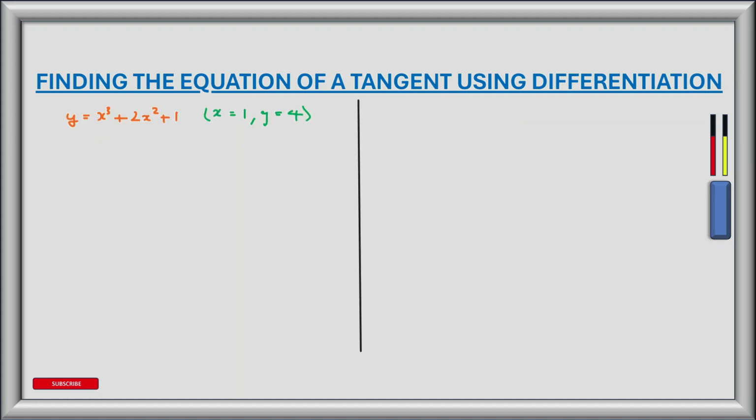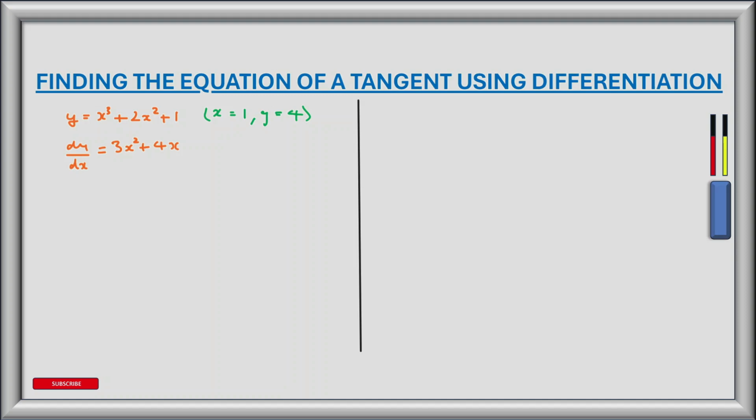Let's find the equation of the tangent to the curve of y is equal to x cubed plus 2x squared plus 1 at coordinates x equals 1 and y is equal to 4. Firstly, let's find the gradient or slope of the line by differentiating the function with respect to x. So dy by dx is equal to, the derivative of x cubed is 3x squared plus the derivative of 2x squared is 4x.